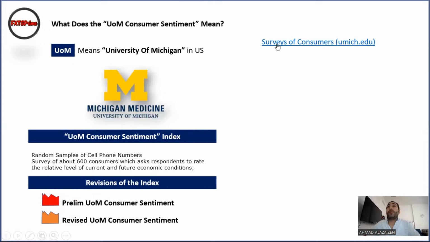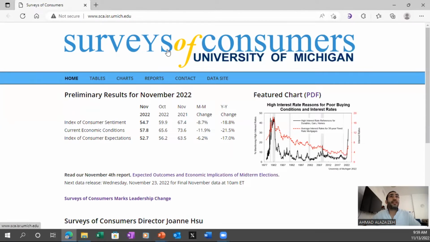Now, if we want to look at the survey and see how it looks, you can see here the surveys of consumers produced by the University of Michigan. You can see the preliminary data or result appearing on this website, and you can see the changes.